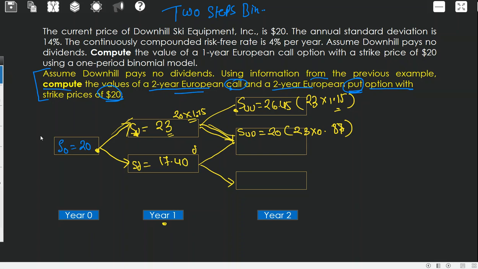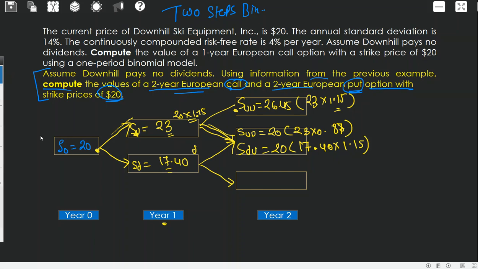Now we will calculate SDU. Generally we don't need to calculate SDU because we have symmetric movement. Because of the symmetric movement, SUD and SDU in the two-step binomial will always be equal. So we don't even need to calculate it, but just for the sake of understanding, you can do it as 17.40 into 1.15.